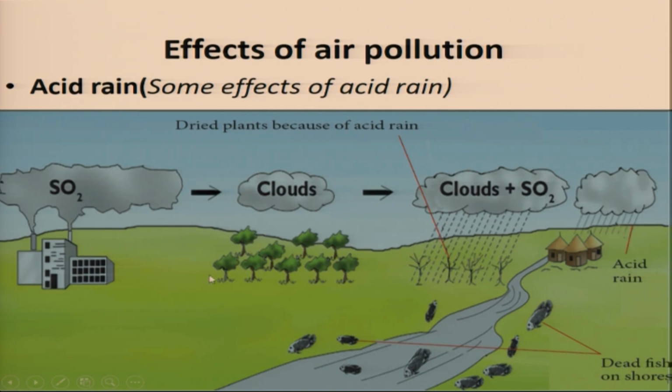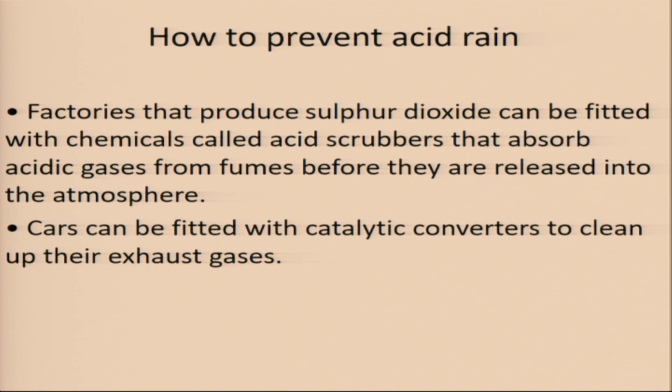So what does the government say? The government says these factories are supposed to be fitted with what we call acid scrubbers that will absorb those dangerous chemical gases from the fumes before they are emitted to the atmosphere, all right? Hope that is very clear. So the factories need to be fitted with those acid scrubbers that will absorb those dangerous gases before the fumes are released to the atmosphere. That's one thing that we can do, all right?